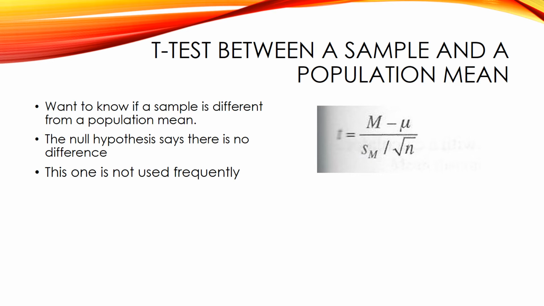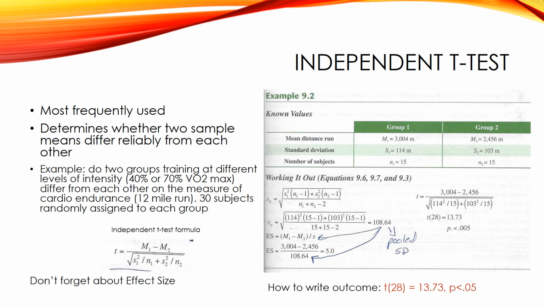So again, this one's not typically used. The one that's most frequently used is the independent t-test. It determines whether 2 sample means differ reliably from each other. For example, do 2 groups training at different levels of intensity, 40 and 70% of VO2 max, differ from each other on the measure of cardiovascular endurance?